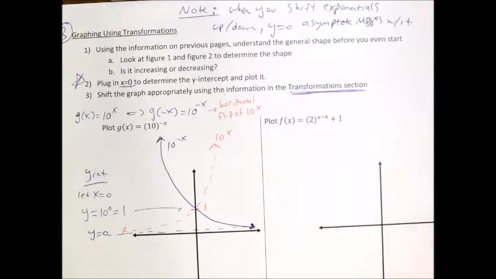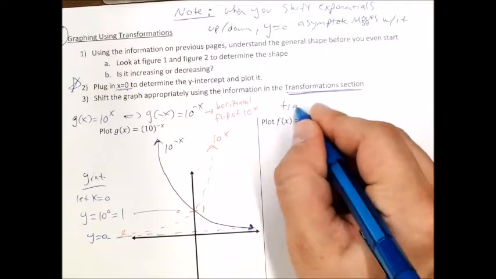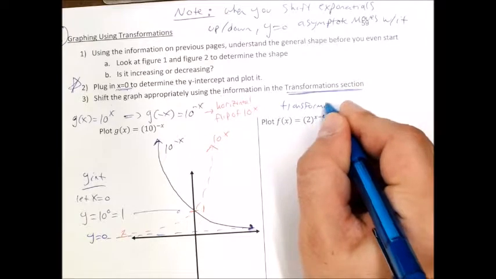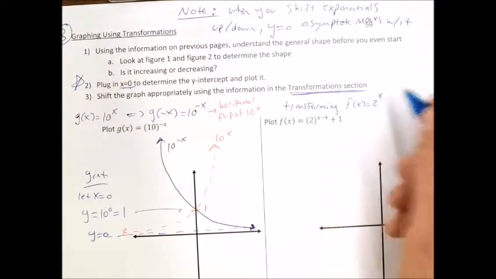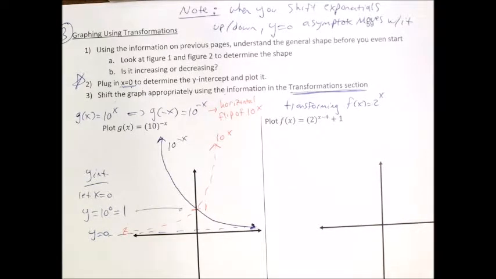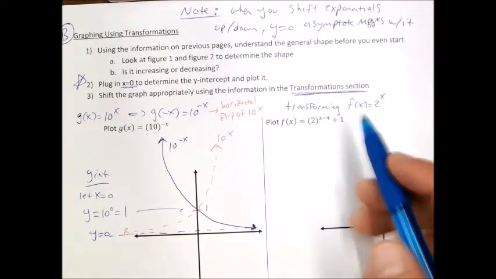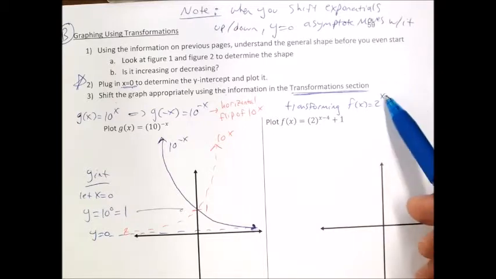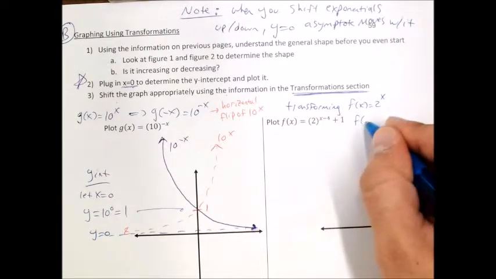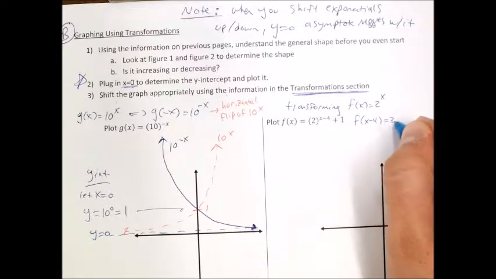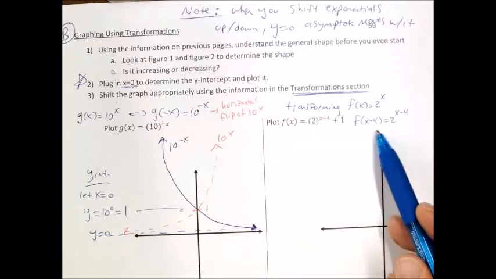And so first of all, I just want to note that we're transforming the function f of x equals 2 to the x. What's the x minus 4 doing? So instead of 2 to the x, we have an x minus 4. It's kind of like we plugged in an x minus 4 into 2 to the x, right? What kind of transformation is that?